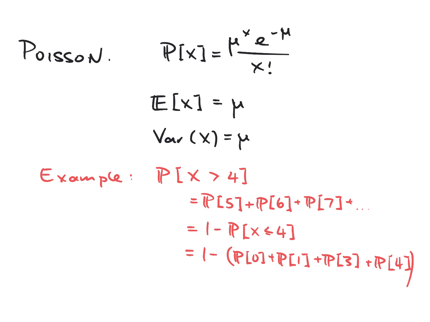So it must be done that way for the Poisson distribution. If you want to know the probability of greater than, you must flip it around into the complement, like the opposite question, and solve for that.